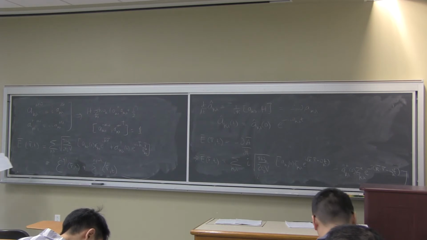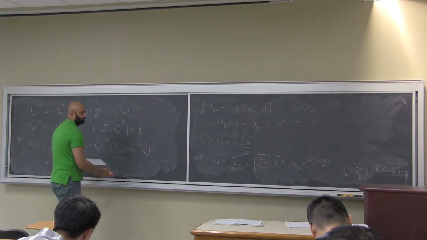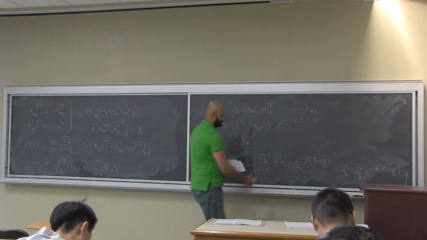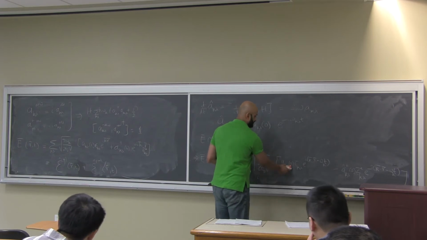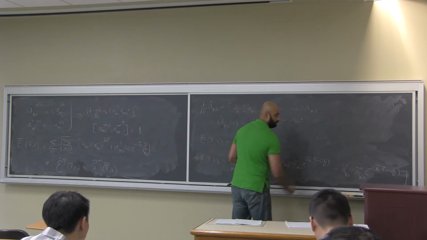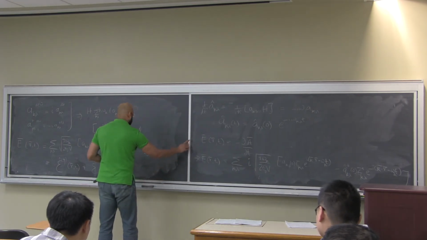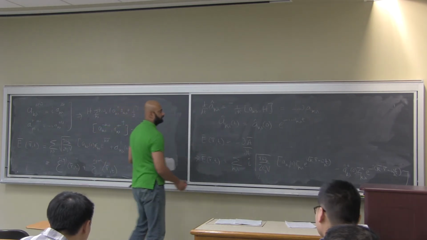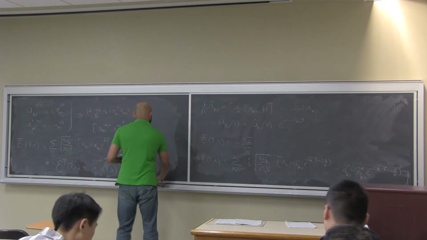So I call this the positive frequency part, and the reason I call it the positive frequency part is, and this is confusing, that a_kλ of t goes as a_kλ of 0 times e to the minus iωt. Okay, so that is called the positive frequency term, which is over here. I know it can be a little confusing, but I'll just point that out here.